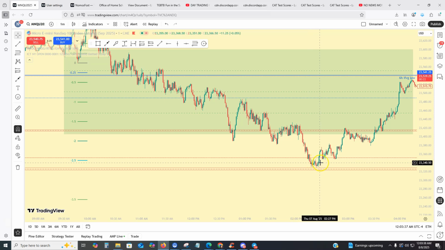So back to it, 30, it begins moving a pattern of respecting bullish activity, and then 50 drops down into this here order block.